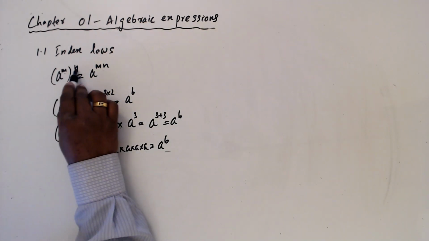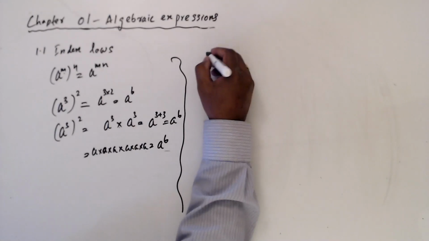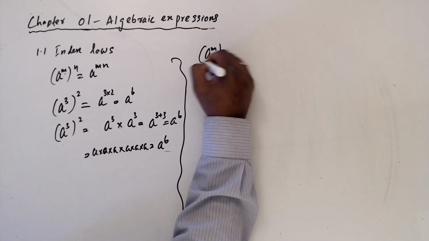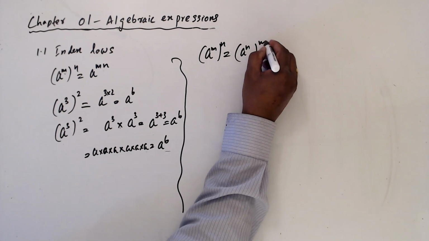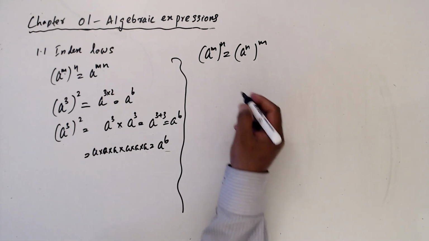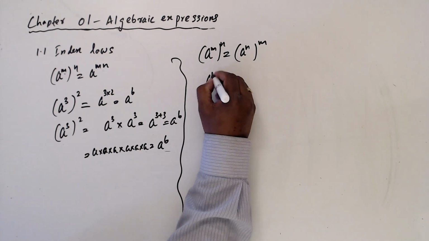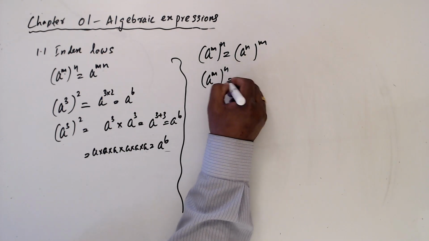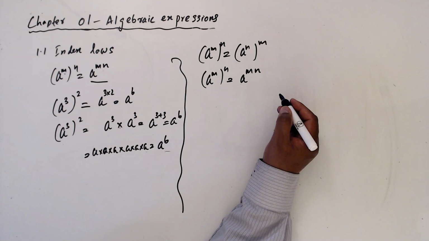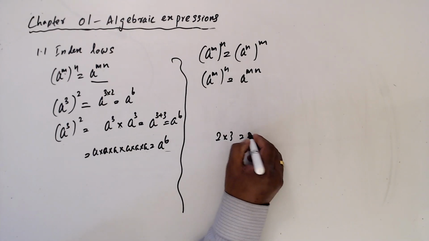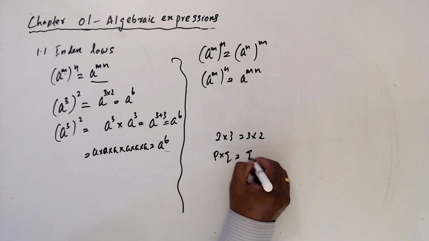We can multiply m and n together, and as an extension I can express that a to the power m, to the power n equals a to the power n, to the power m. I can show this. A to the power m, to the power n, we can write like this: a to the power mn, and 2 times 3 is 3 times 2. p times q is q times p.